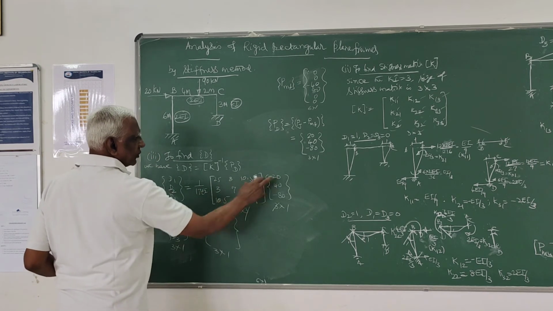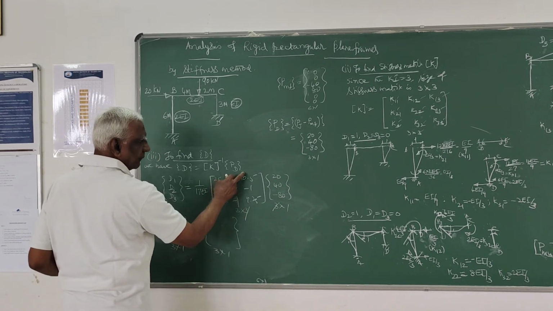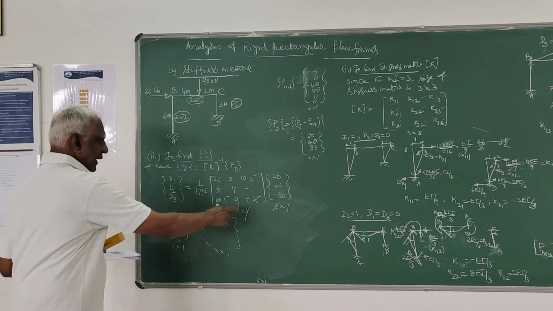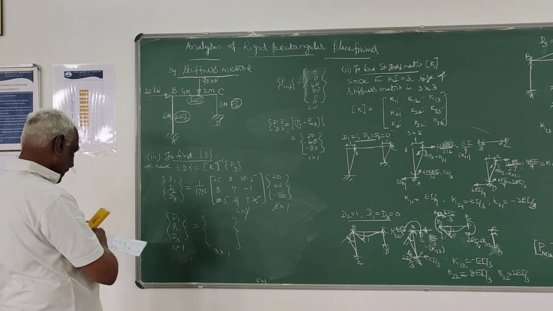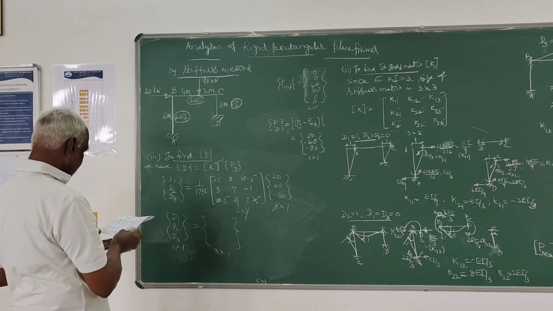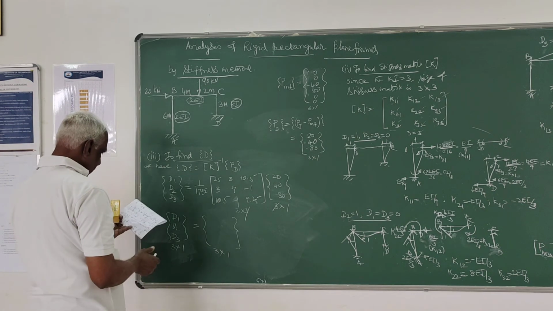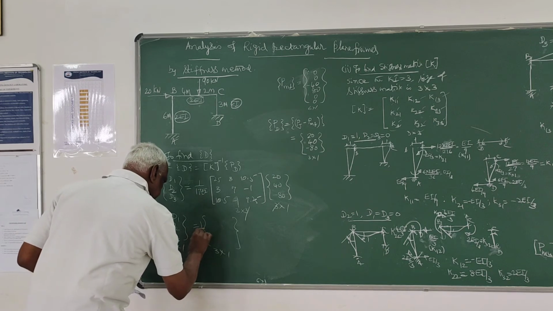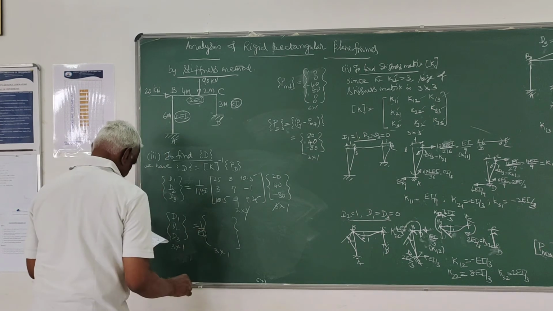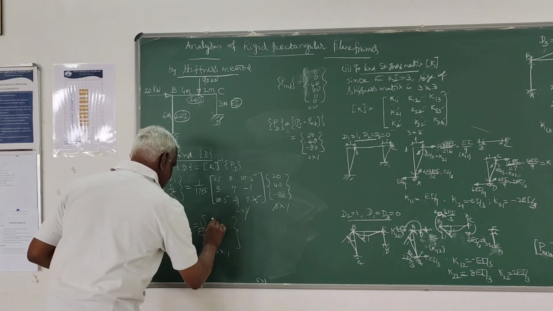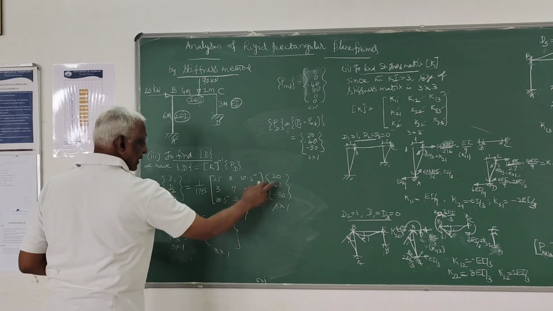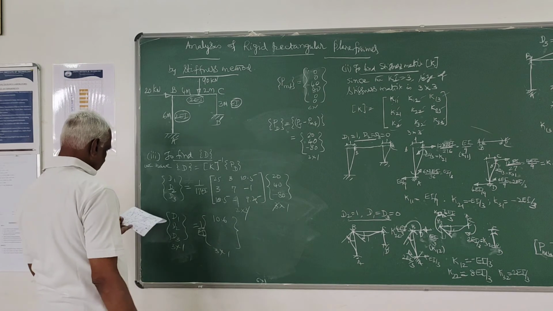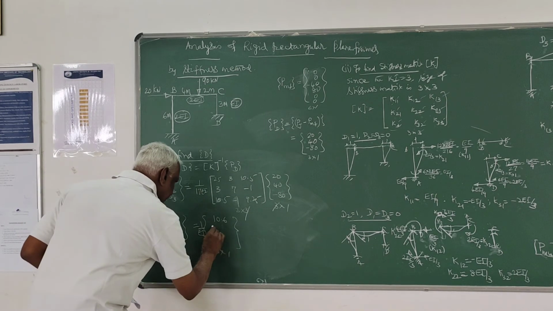This is 25 into 20 plus 3 into 40 plus 10.5 into minus 80. That is your first element. That value you are going to get as 1 over EI into 10.6. Similarly, 3 into 20 plus 7 into 40 minus 1 into minus 80, it becomes 24.7.